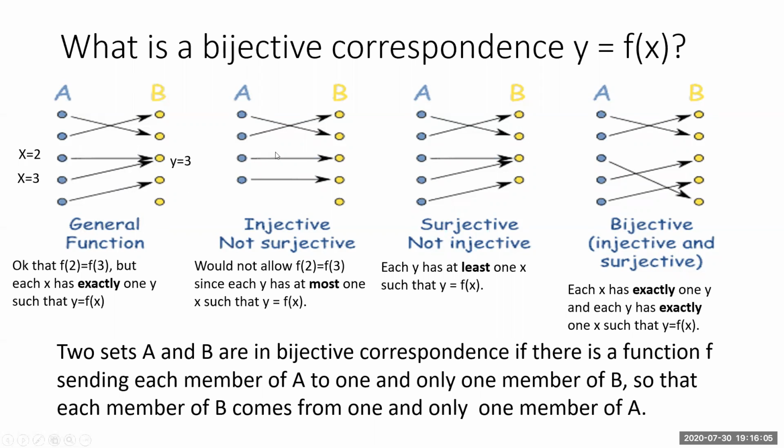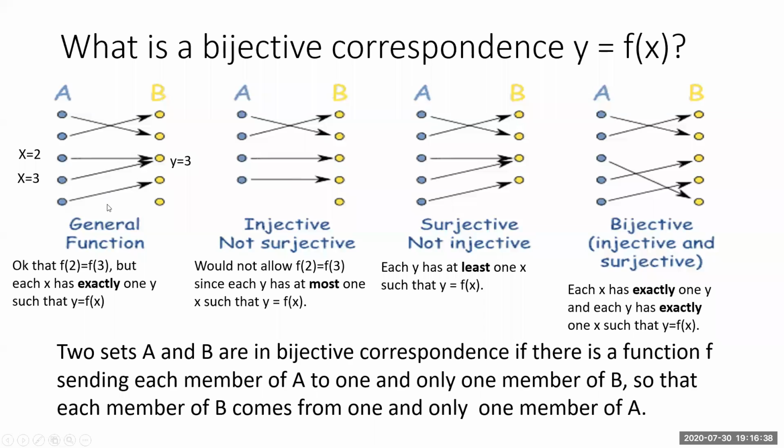Now, an injective function would not allow this f of 2 equals f of 3. In an injective function, each y has at most one x value that it comes from. So in our example with the general function on the left, y equals 3 came from two different x's. That's okay for a general function, but you can't have that with an injective function.